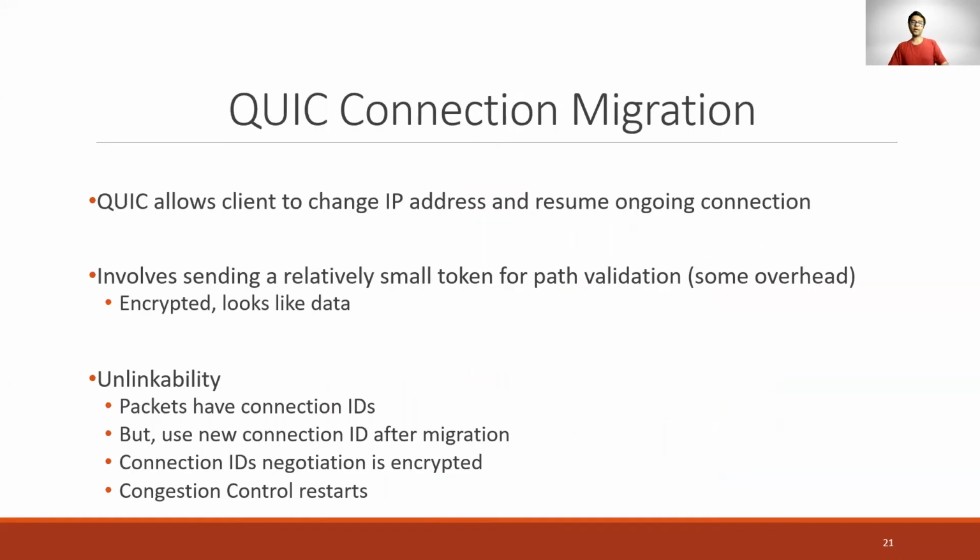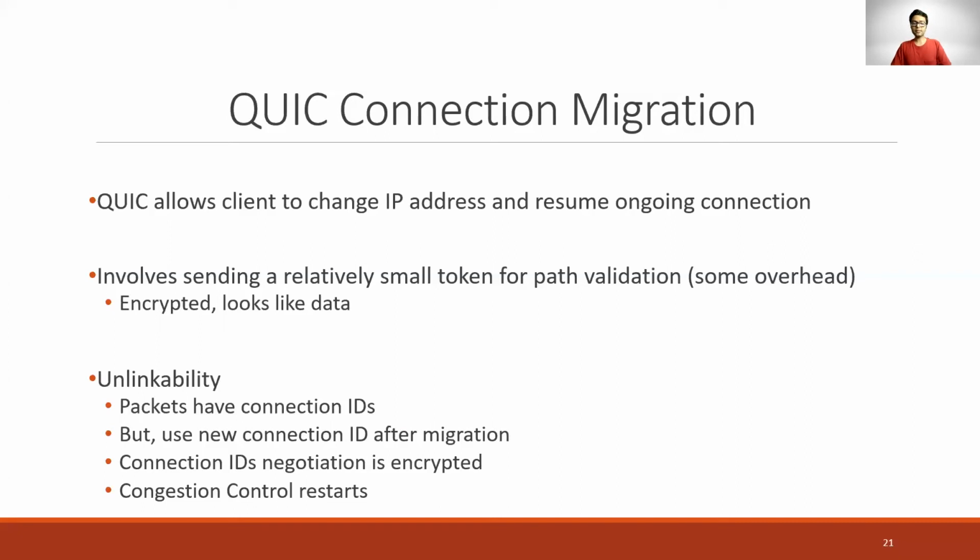Let's now talk about QUIC's connection migration. QUIC's connection migration process involves sending a relatively small token for path validation, which does have some overhead, but this token is encrypted and looks indistinguishable from data. Furthermore, QUIC provides some measure of unlinkability across connection migrations.